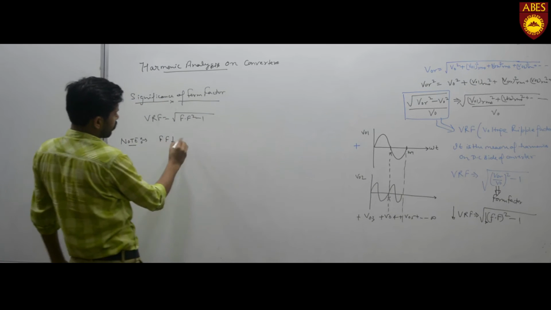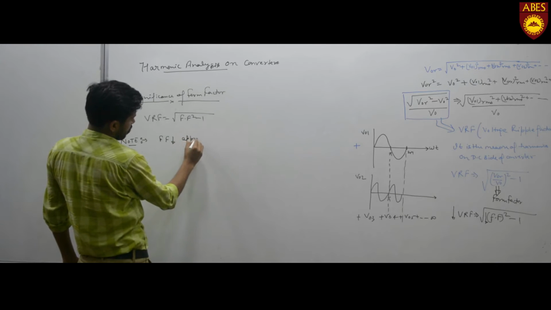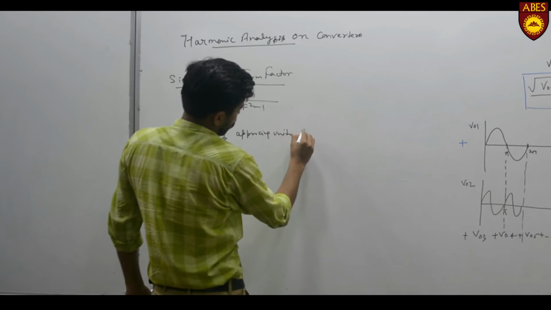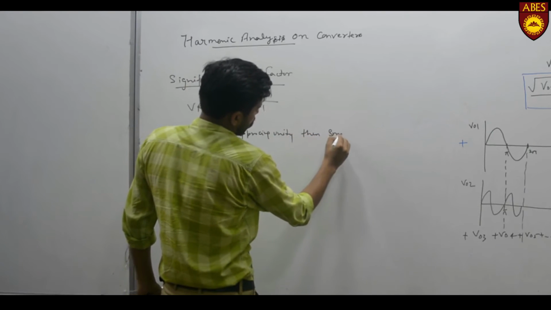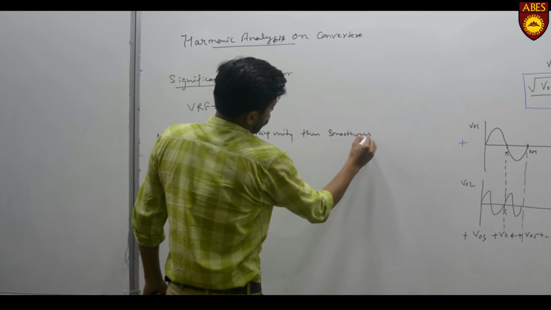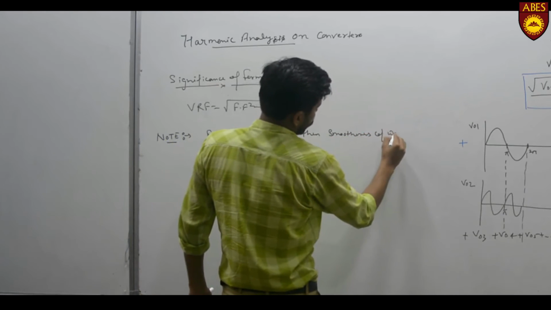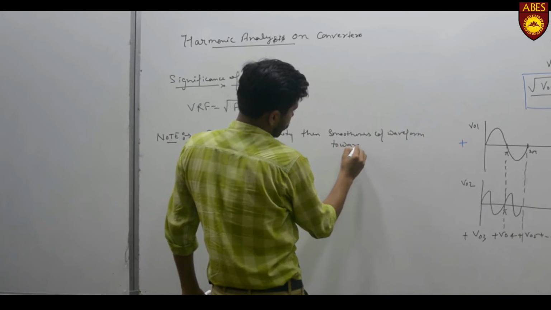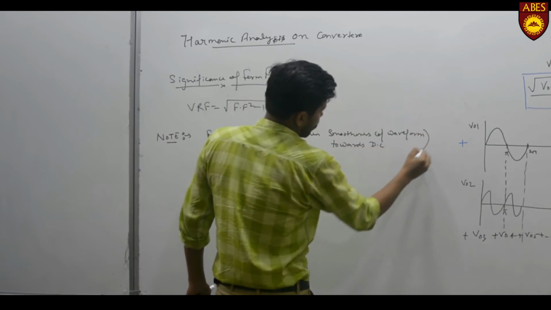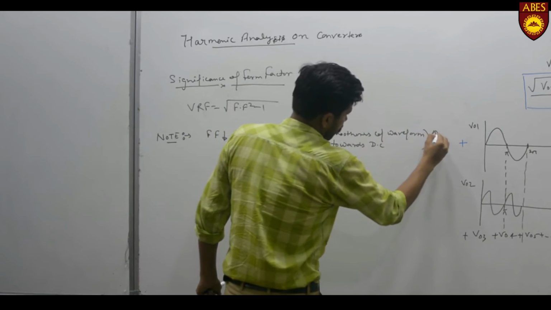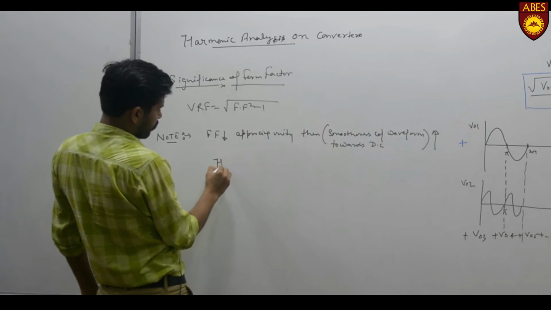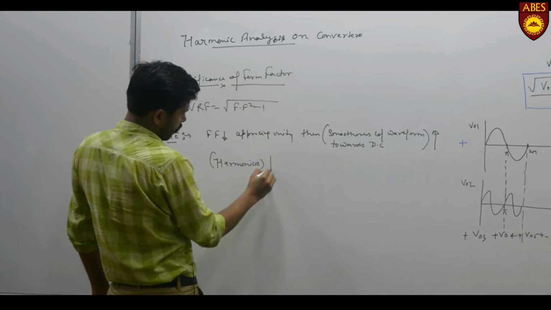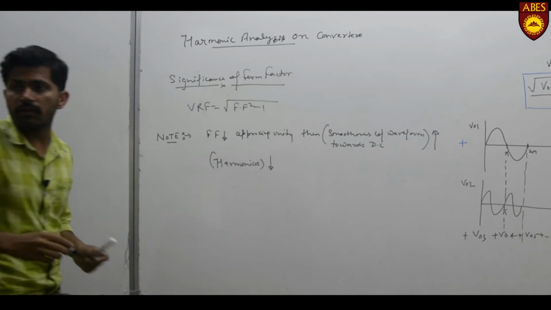If the form factor is reducing and approaching unity, then the smoothness of the waveform towards DC increases, which means harmonics are reduced.